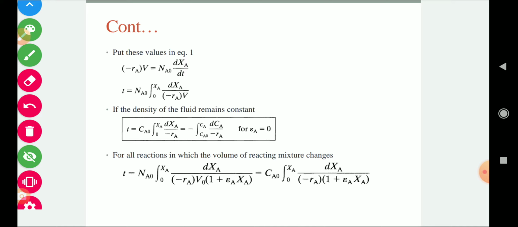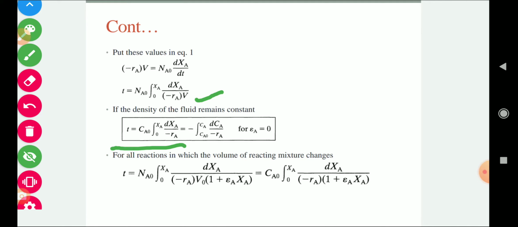Now if the density of the fluid remains constant, then this Na0 divided by V, moles per unit volume, is concentration. So this t will be equal to Ca0 integration dXa by (minus Ra), and in that case the limit is from 0 to Xa. It means there is no product at the start of the reaction.